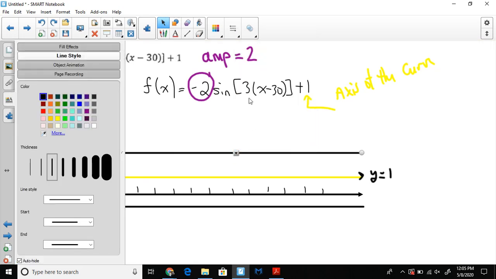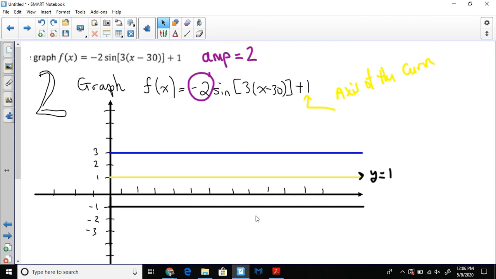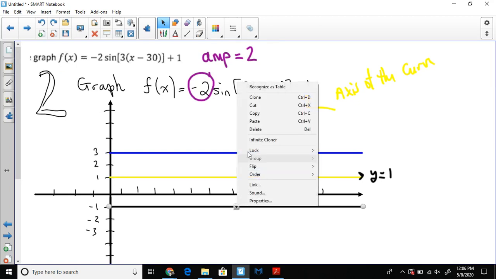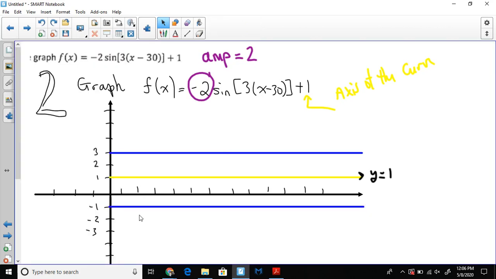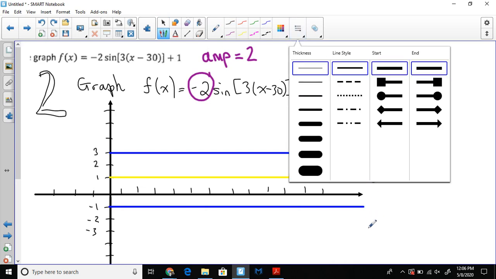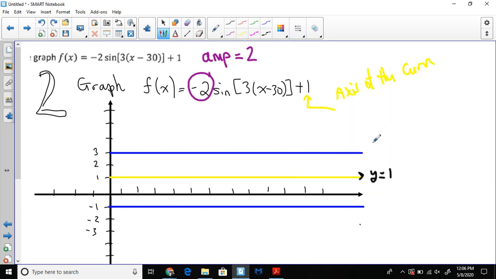Let's color that something else. Let's go blue. Here, my max is at y equals 3.